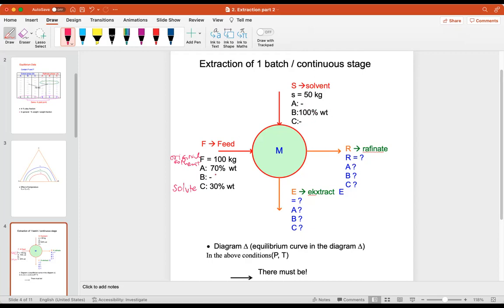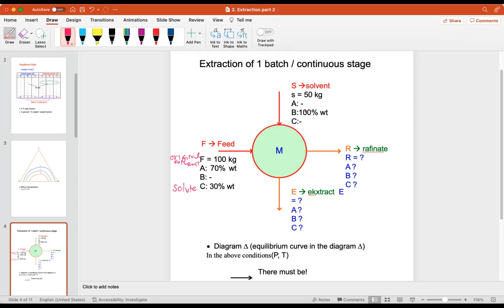For example, I have tea in water, I just contact it with organic solvent. So this is 100%, and the solvent is 50 kilogram. With this you can find the ratio between your feed and your solvent. It's going to be important later on when you find the mixture.